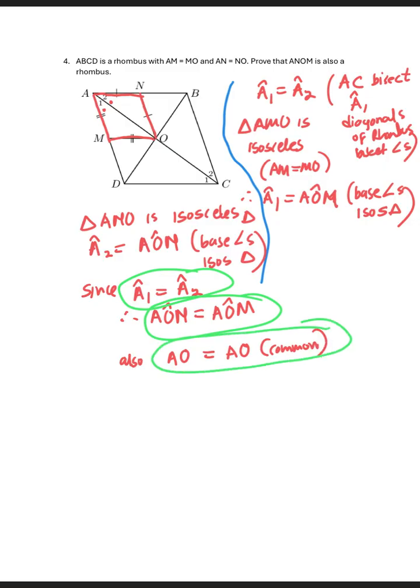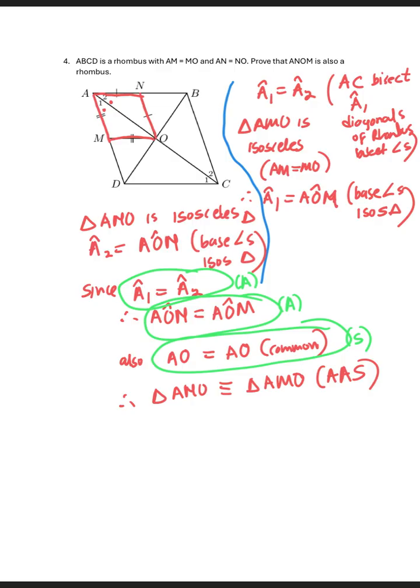Do you see? We have an angle, an angle, and a side. So we can make a conclusion that triangle ANO is congruent to triangle AMO. Reason: angle, angle, side.